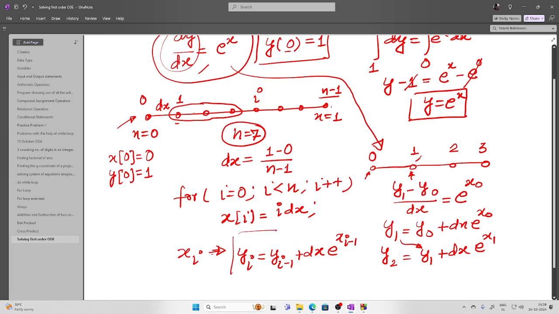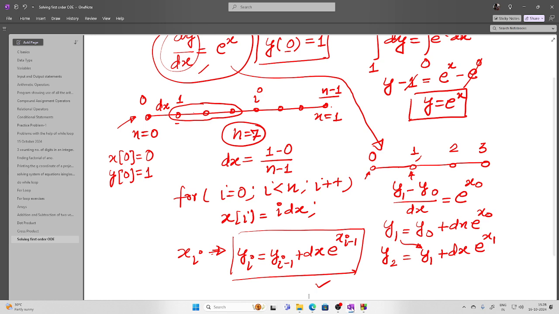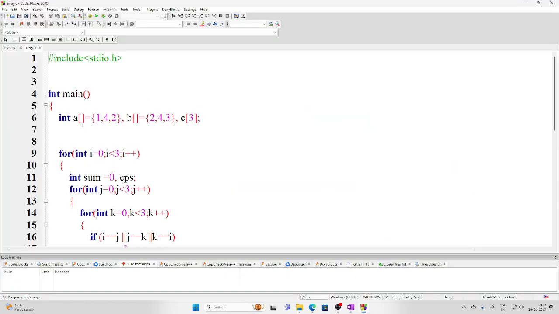That's it. The accuracy of this method will depend on the number of nodes. The more nodes, the more accurate the result we'll get. So let us directly head to the editor and try to see how we can implement it.